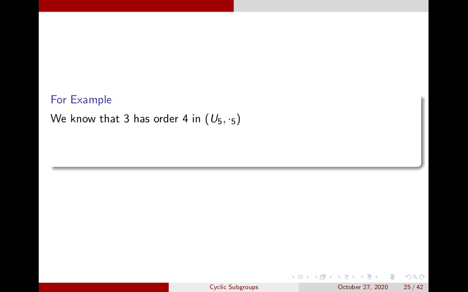So let's try an example. We know that 3 has order 4 in the group U sub 5 under multiplication mod 5. We did this in an example earlier in this set of slides. So let's pick some large exponent. Well, 18 isn't too large. Let's calculate 3 to the 18th.